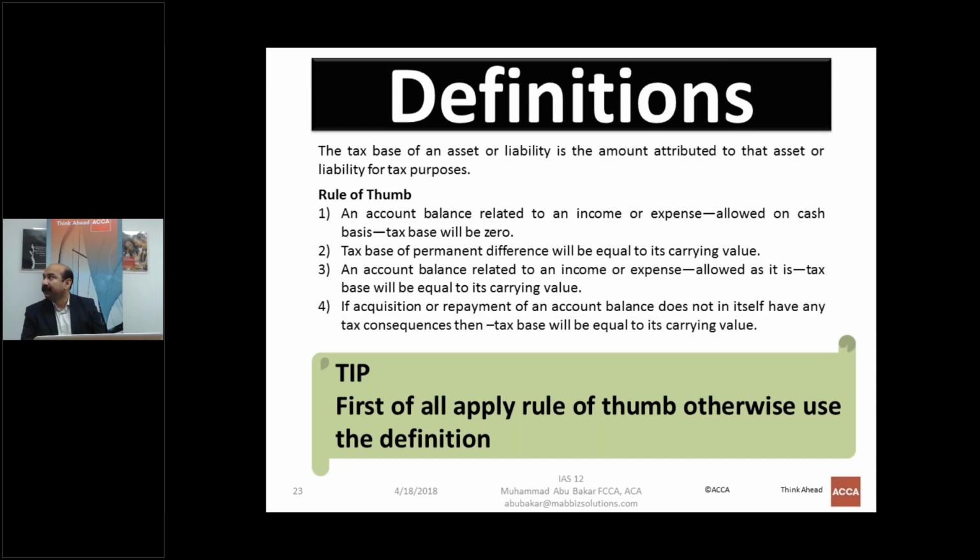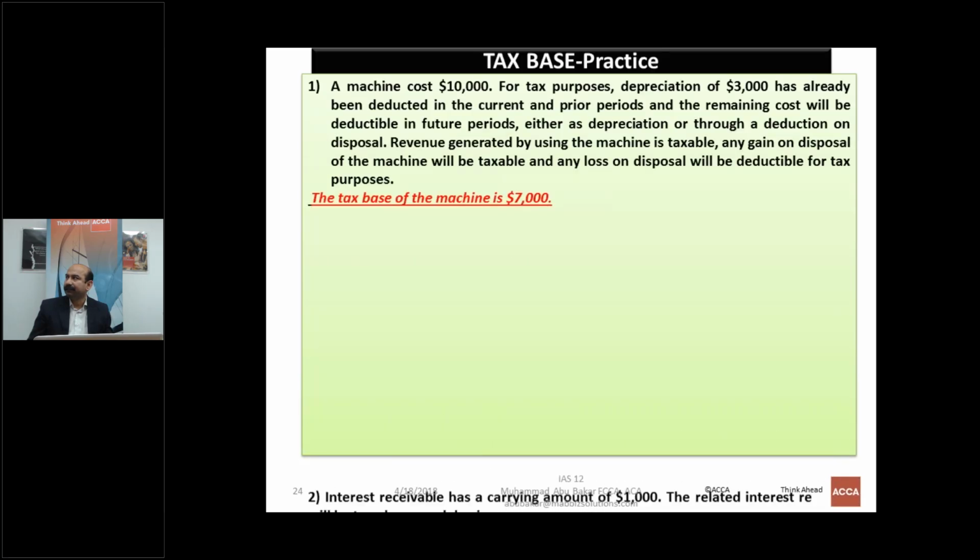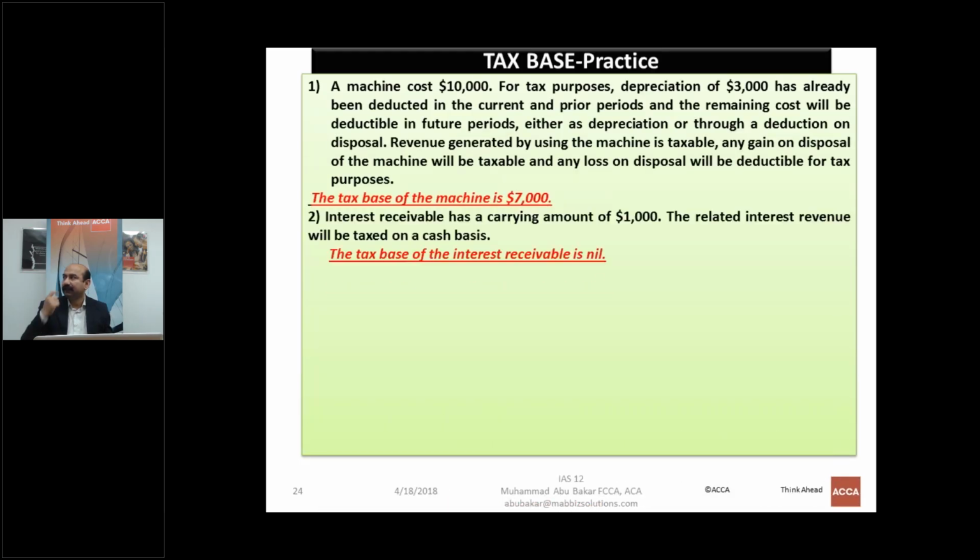See, if you just look at rule number 1, if something is being allowed on cash basis, its tax base will be 0. So here, this is an example. So its tax base will be 0. I hope it is clear.